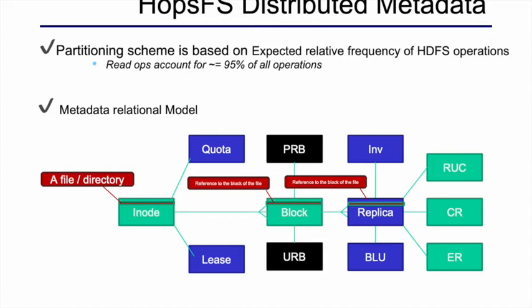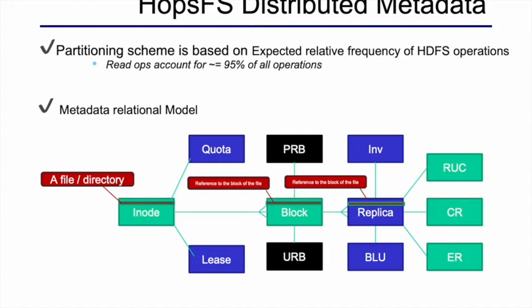Similar to what we had in HDFS, a file consists of 0 or more data blocks, where the metadata for each block is represented as a row in the blocks table. The data blocks are replicated, where the metadata for each replica is represented as a row in a replicas table.